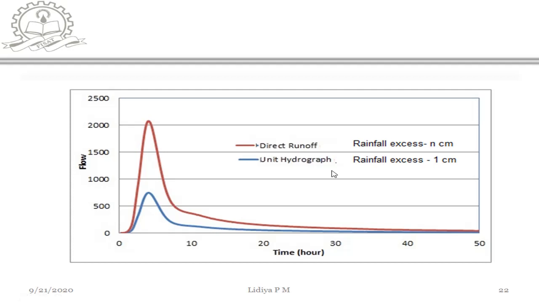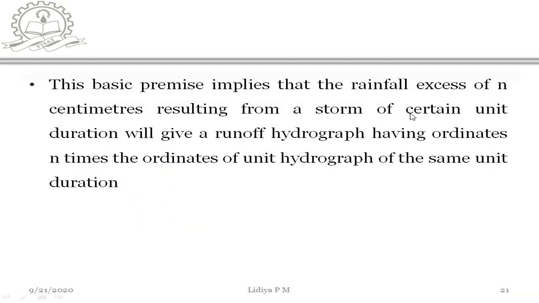Okay, then if you consider the ordinate of unit hydrograph, say it is y, and the ordinate of direct runoff will be, here the rainfall excess is n, so it will be n into y. This is what is explained over here.